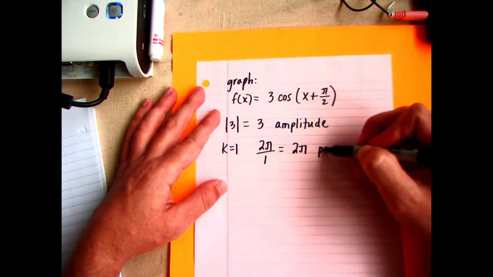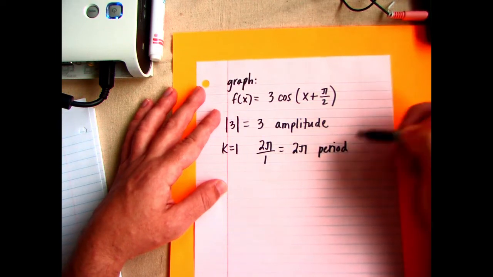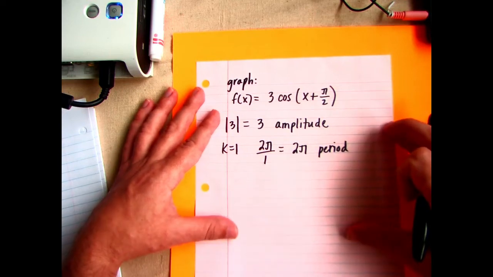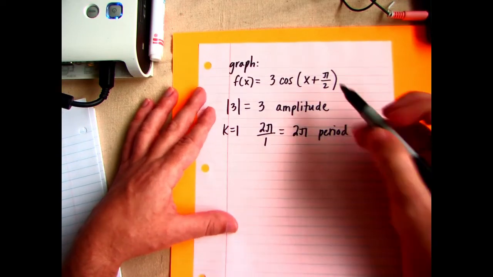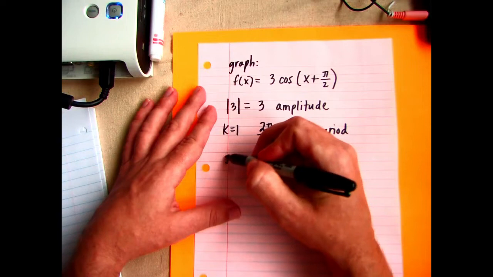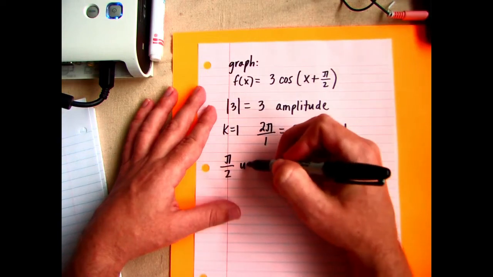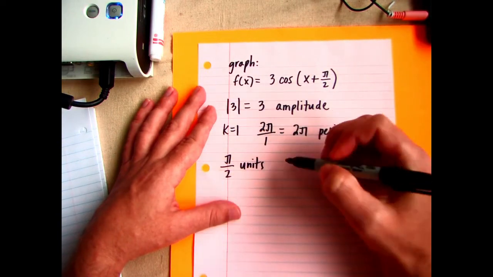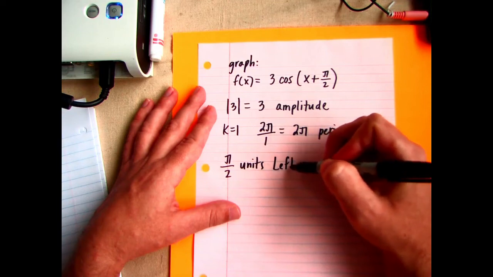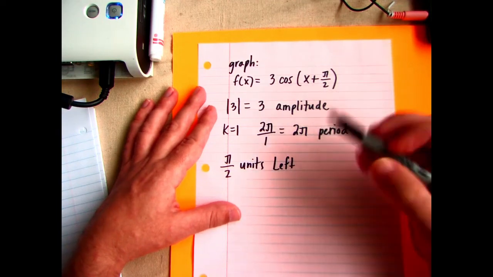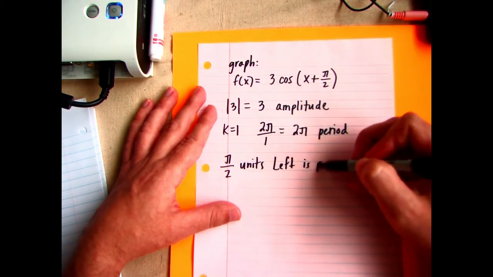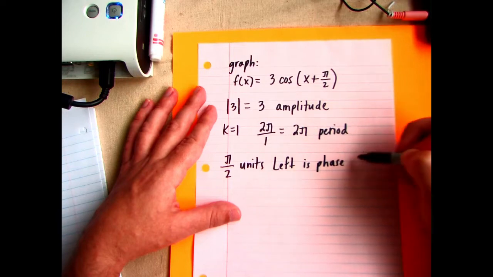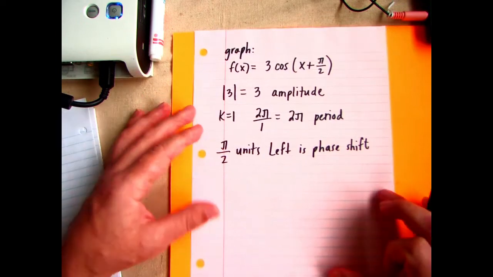That is the period, how long it takes to make one complete wave. And my phase shift is pi over 2 units left. Since it's written as x plus pi over 2, that indicates a shift to the left, pi over 2 units.